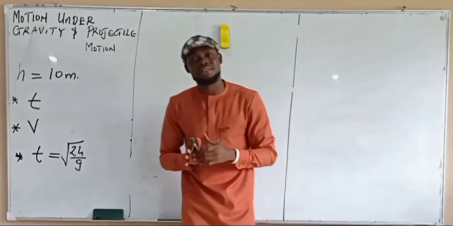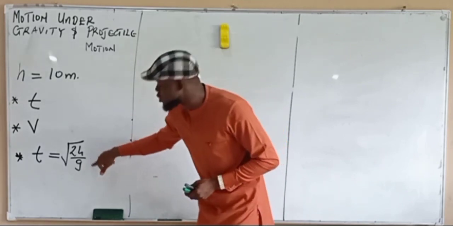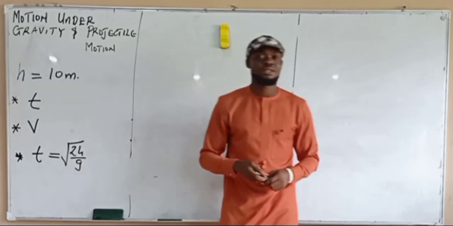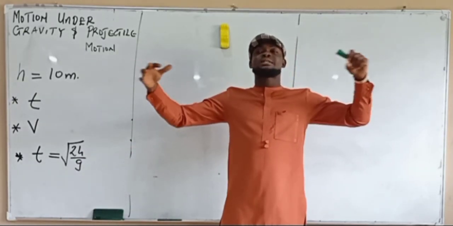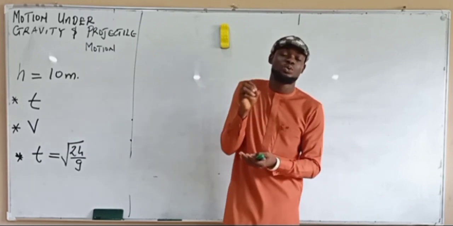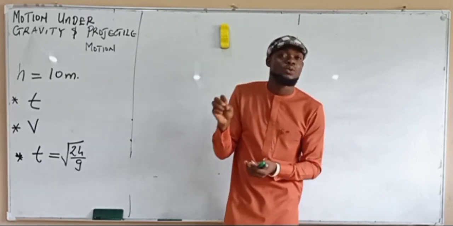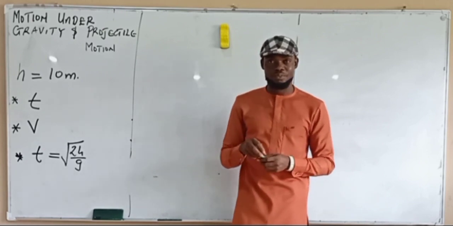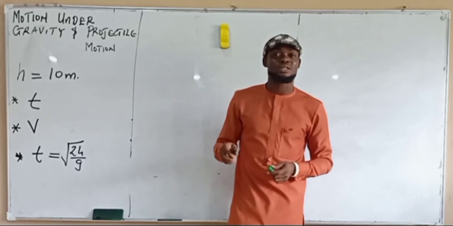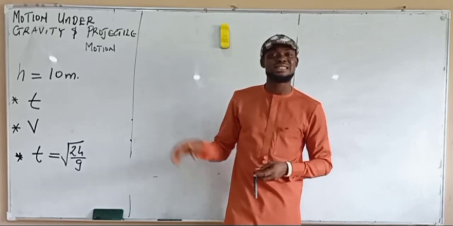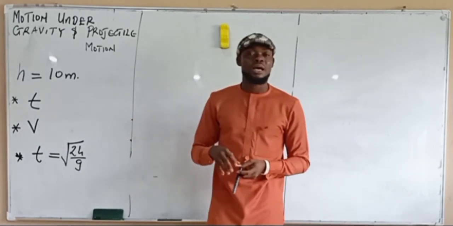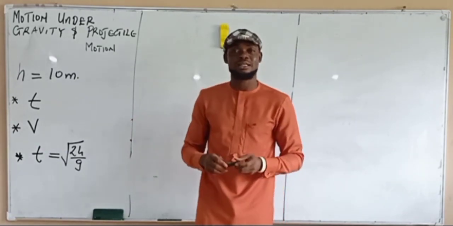Then, look at this. In this equation, there is nothing like mass there. So the weight or the mass of a stone and a feather will not determine which one falls first to the floor. Since we don't consider the forces causing this motion in kinematics, both the stone and the feather will fall to the ground at the same time.